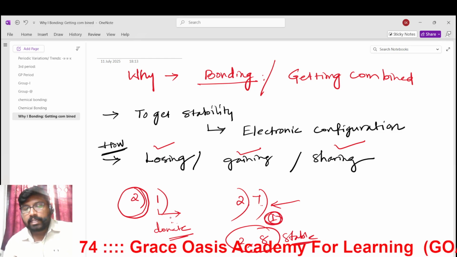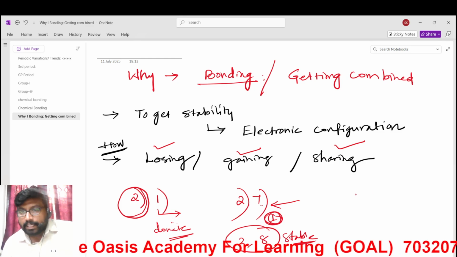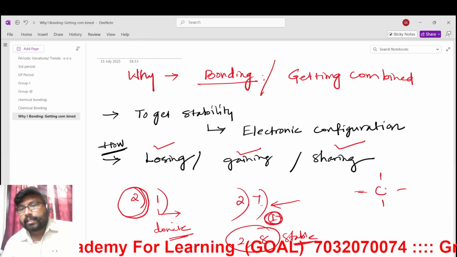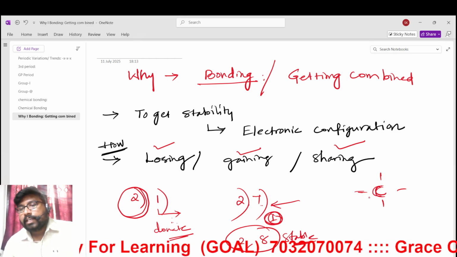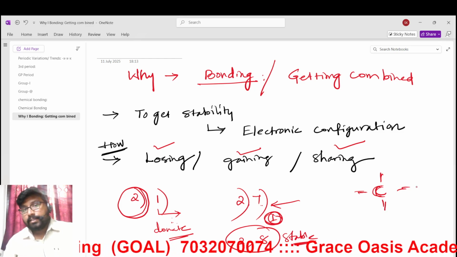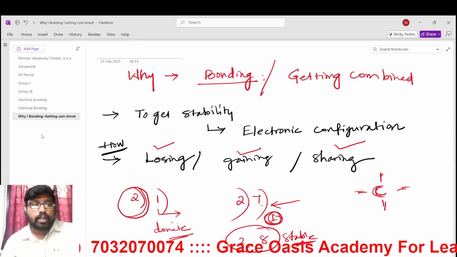So it will attract one electron, while the other donates. In some cases, they share the electron. This is why it attains bonding.